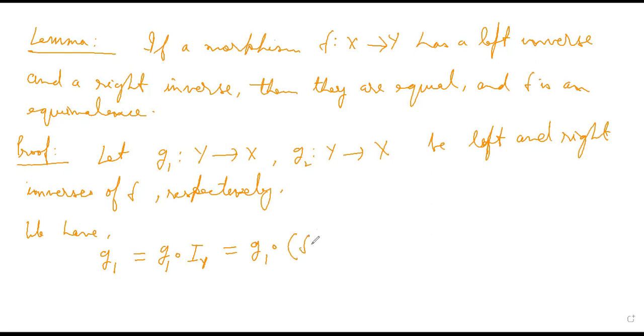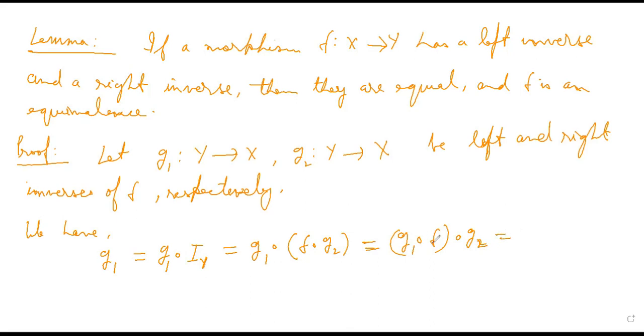We have G2 and this is equal to G1 F G2 because by using associativity of the composition of the category.